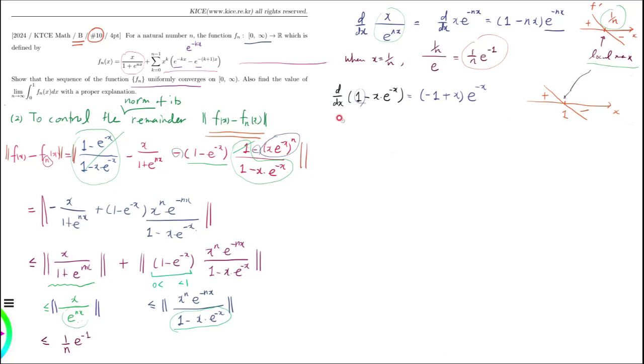So when x equals 1, the value for this function is 1 minus e to the minus 1 power here. For the boundary value, when x equals 0 here, we have 1 minus 0 is 1.